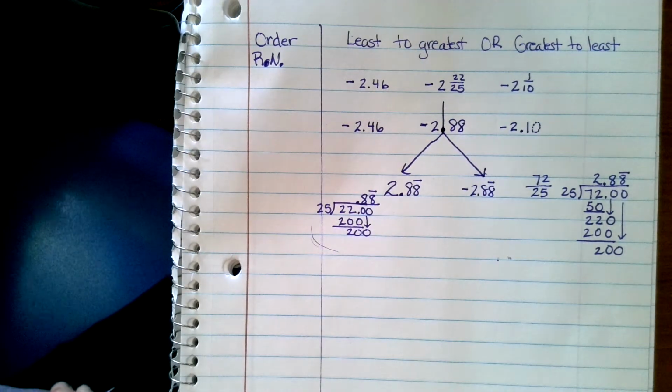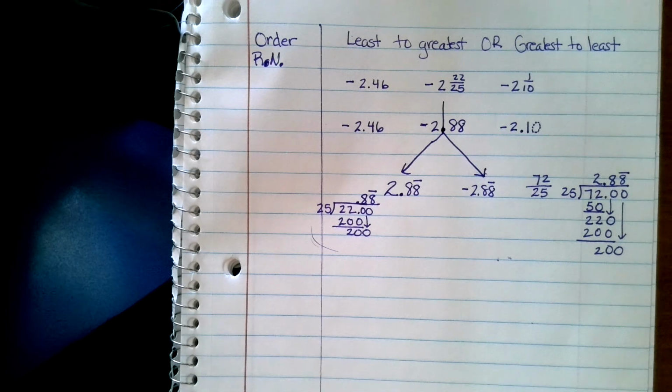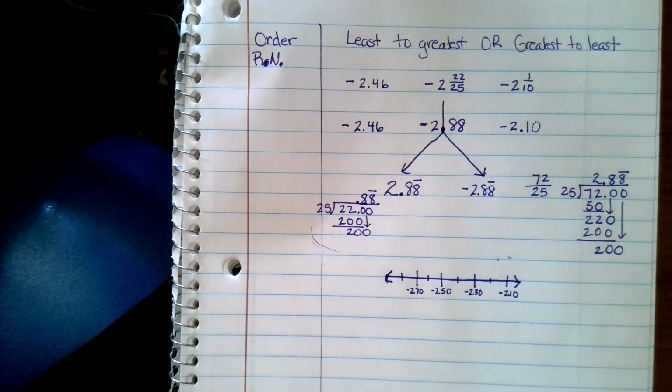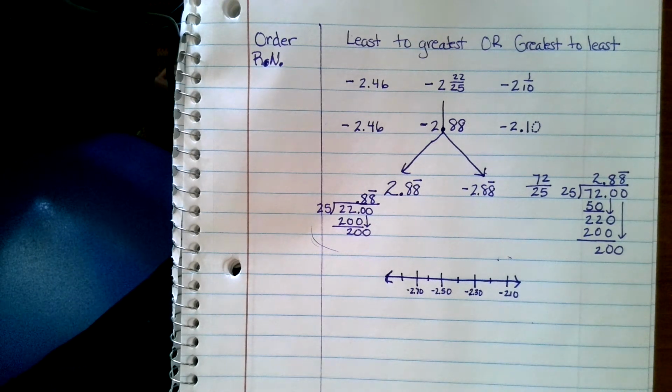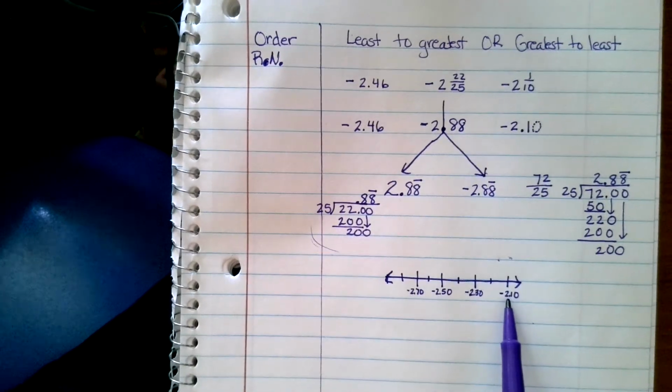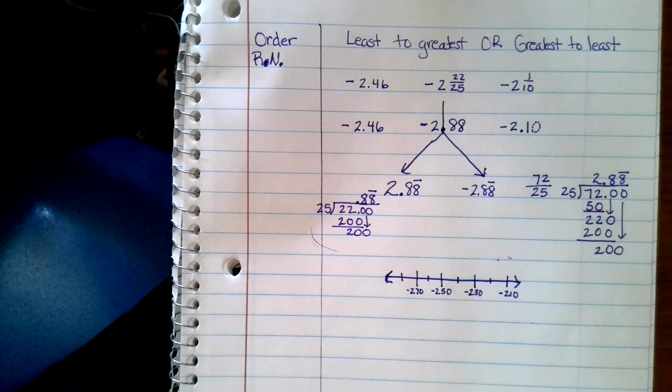Okay, now I have to decide what is bigger and what is smaller. Let's go ahead and order this from smallest to largest. I am going to draw myself a number line. Because I don't want to draw an entire number line with all of the little pieces and parts, I went negative 2.10, negative 2.30, and you can see negative 2.20s, and I just skip counted by negative tenths.